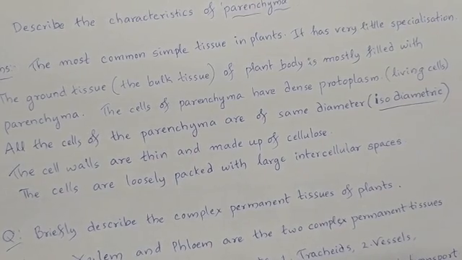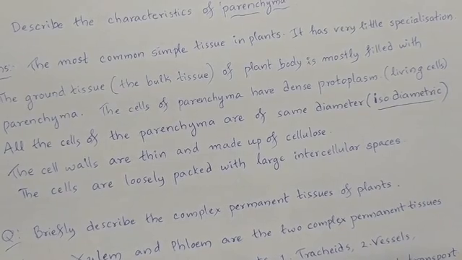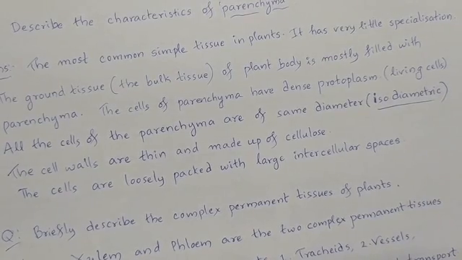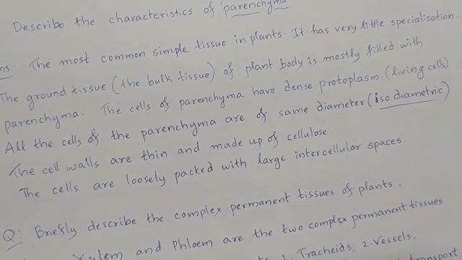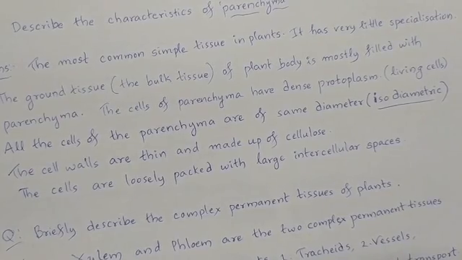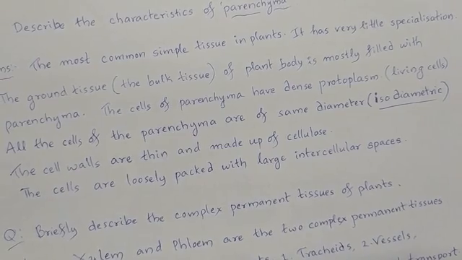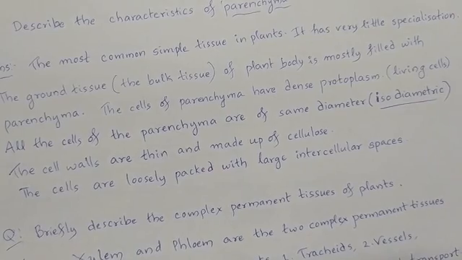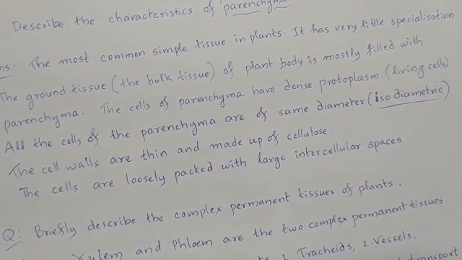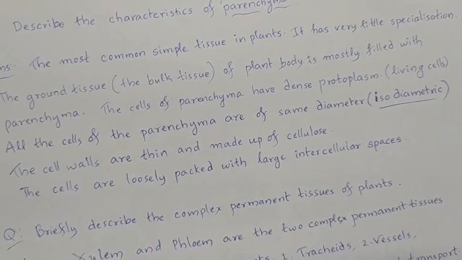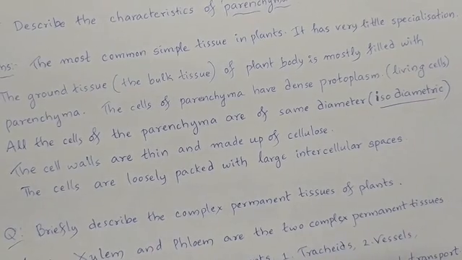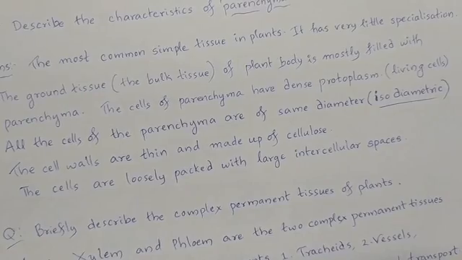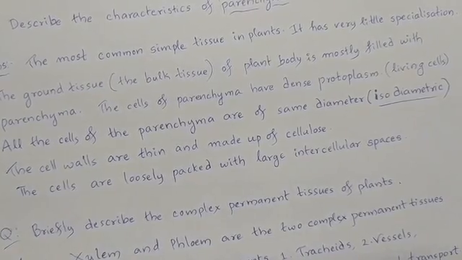The cell walls of the parenchyma cells are thin, and they are made up of cellulose, only cellulose. In the case of sclerenchyma, the cell walls are made up of cellulose and lignin also.